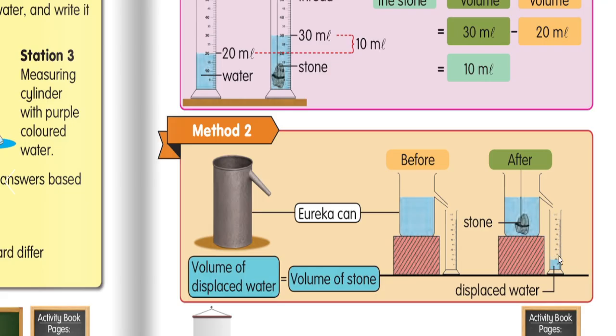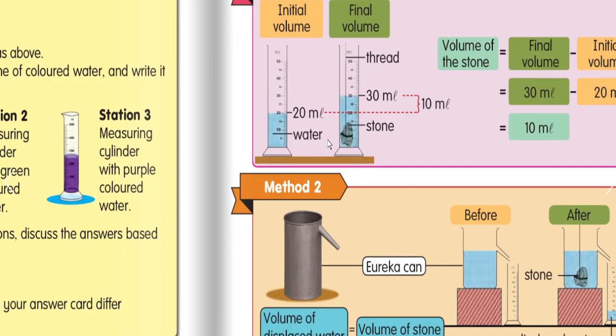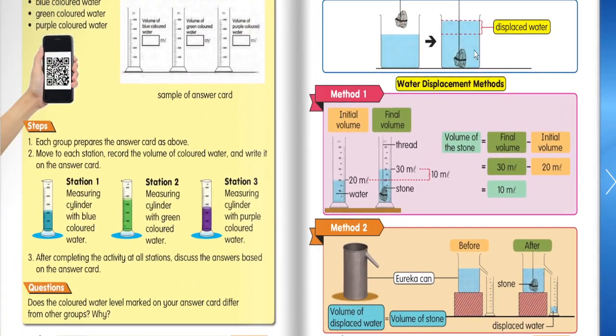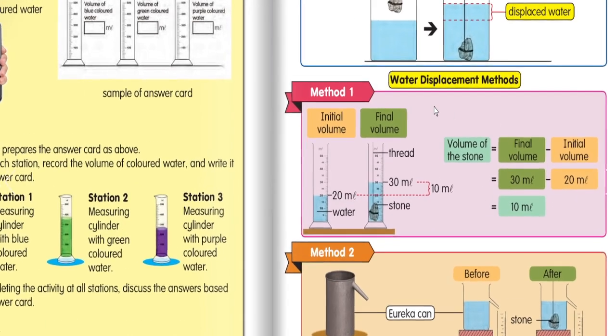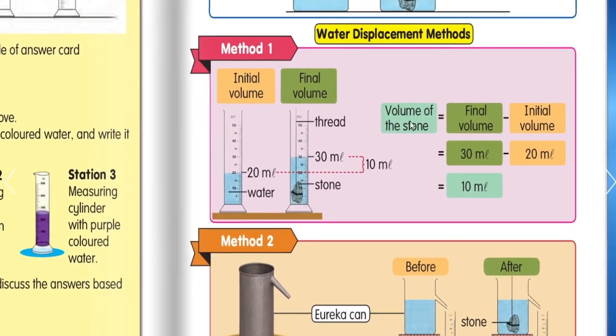Because the cylinder has readings on it, we can read them, and that would be the volume of this stone. So using these methods, we can find the volume of irregular figures. Can you explain how the water displacement method works?